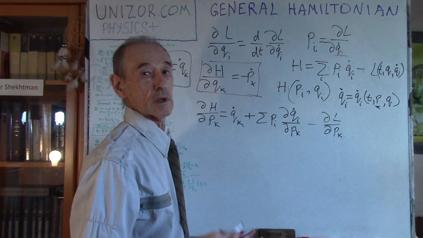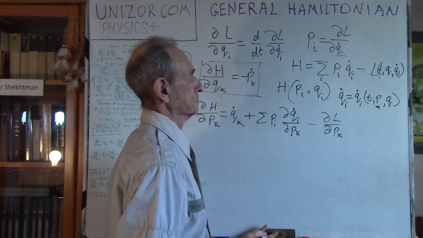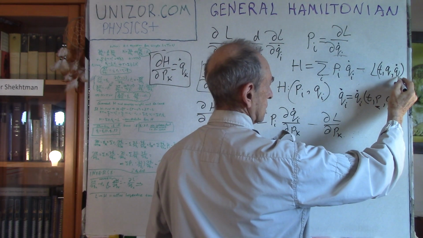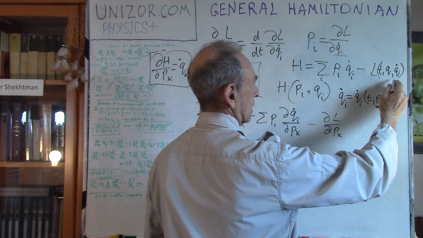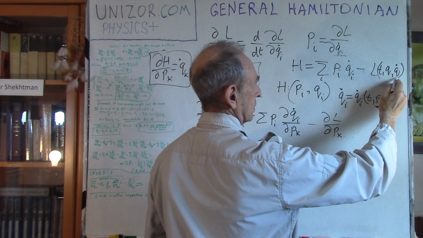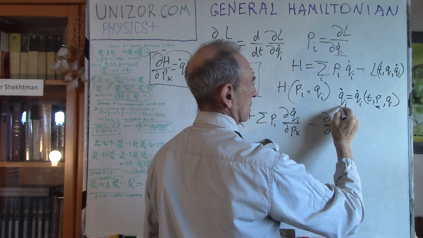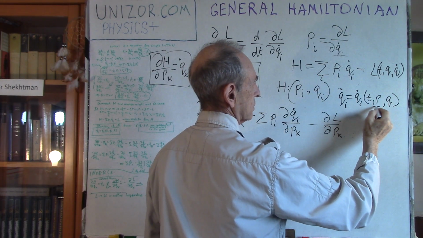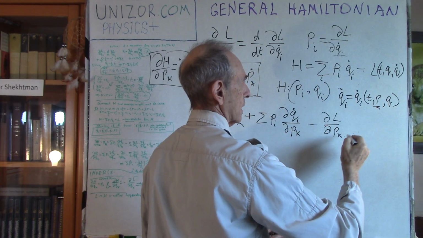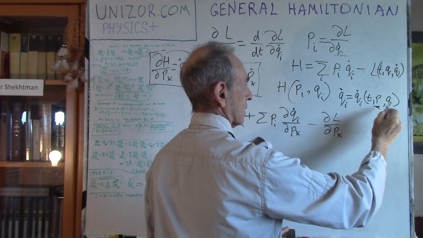That's our original Lagrangian, right? Now, the dependency on pk is here within the q dot, because there are all different p's here, including the pk. But all of them contain this.